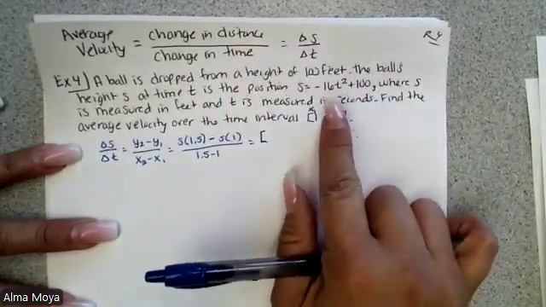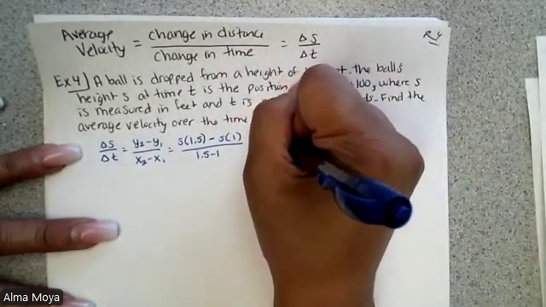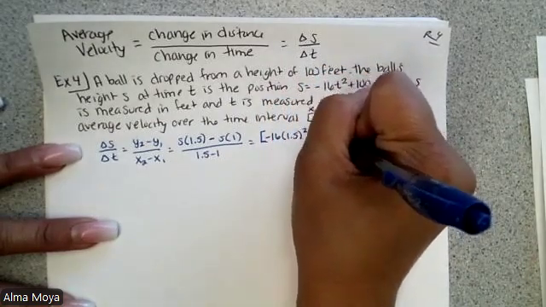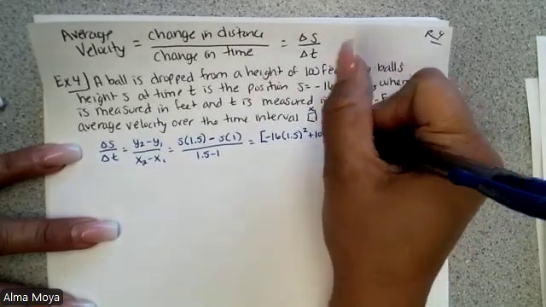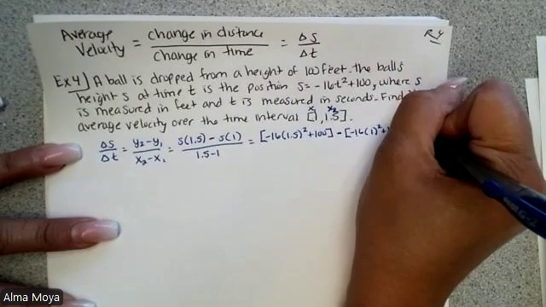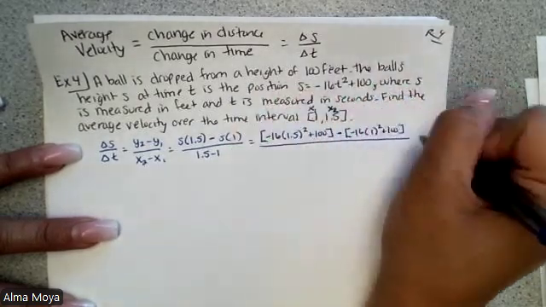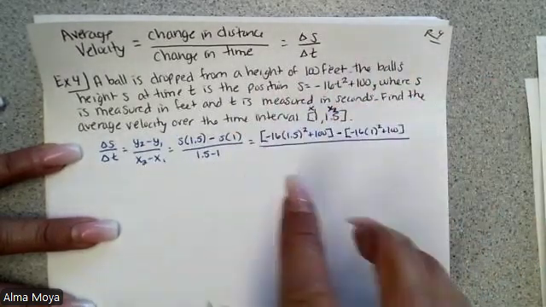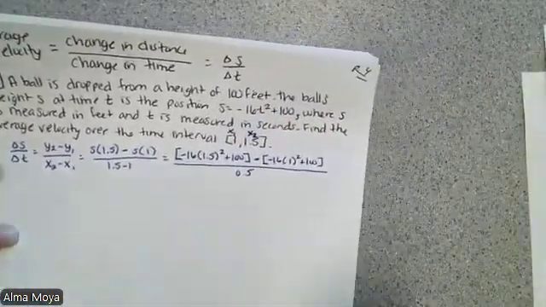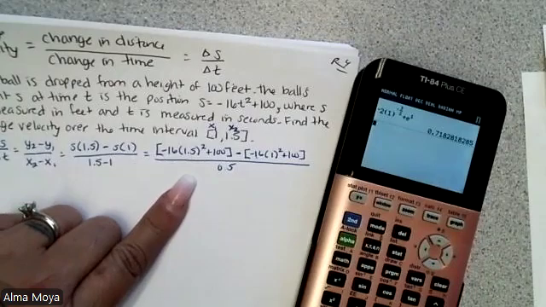I'm going to go ahead and plug in 1.5, so that's going to be negative 16 times 1.5 squared plus 100. And I'm going to subtract that from negative 16 times 1 squared plus 100. And then 1.5 minus 1 is just 0.5. So let's plug all that in.